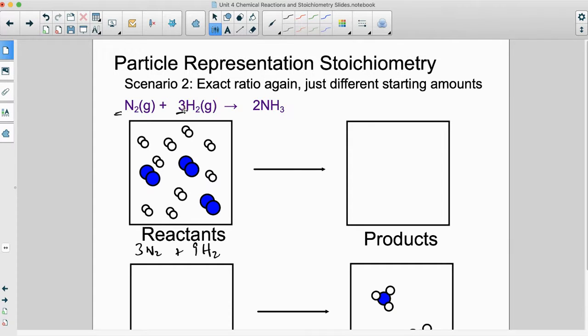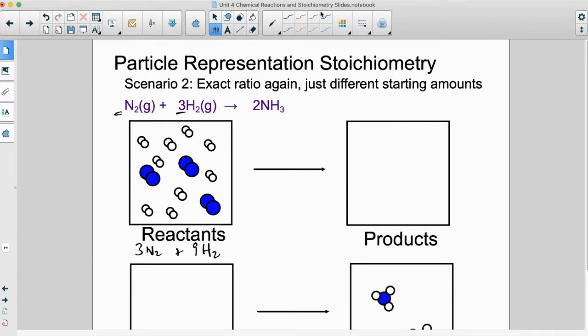So if we start off with 3 N2s and 9 H2s, we will get twice as many NH3s as N2, right? The ratio between N2 and NH3 is 1 to 2, and we have the exact 1 to 3 ratio of hydrogens to react all of those nitrogen molecules.